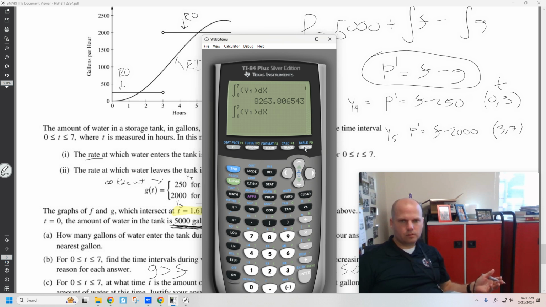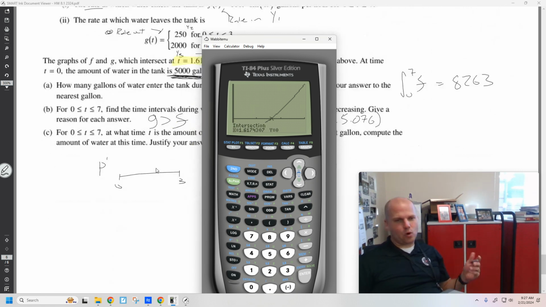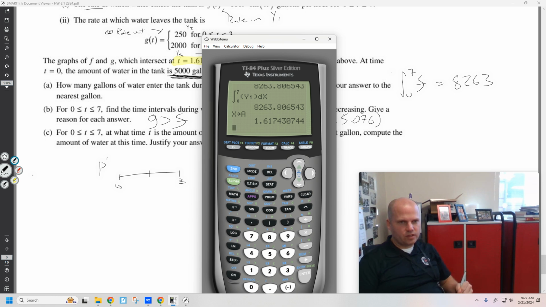What's going on? Second calc, intersect, enter, enter, enter. Bam. Now I got to hold on to that value. I'm going to store that as A. So now A, we can see my derivative was negative until A and then positive.